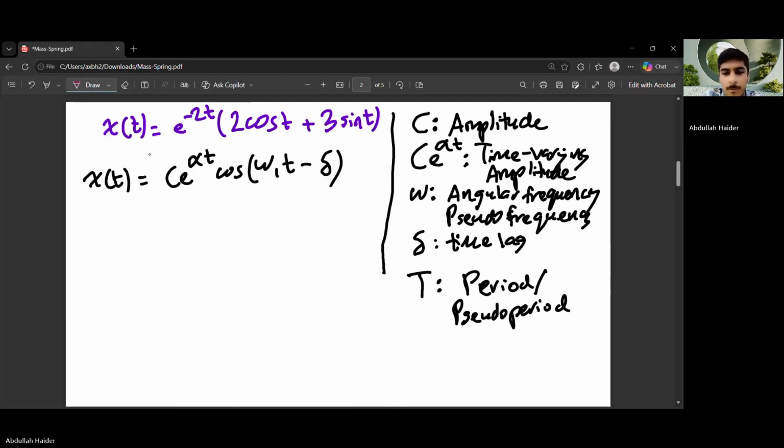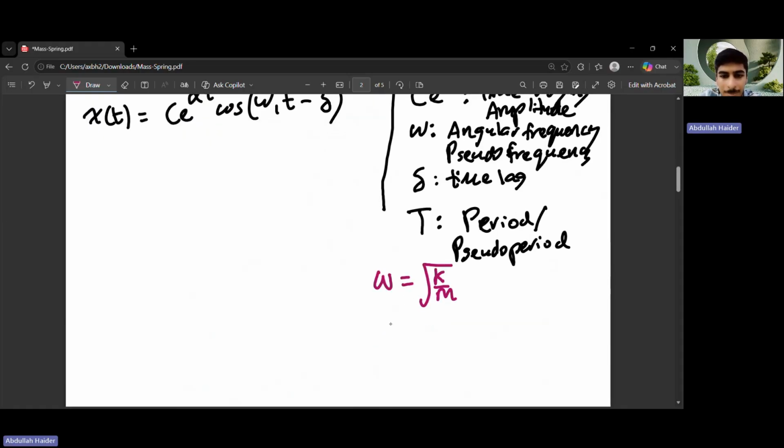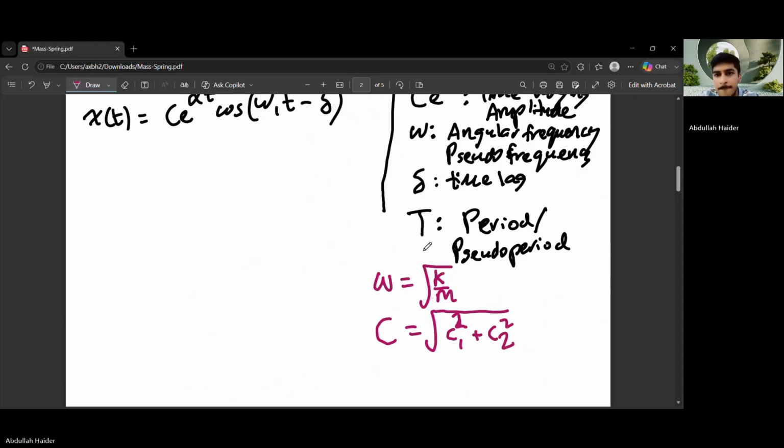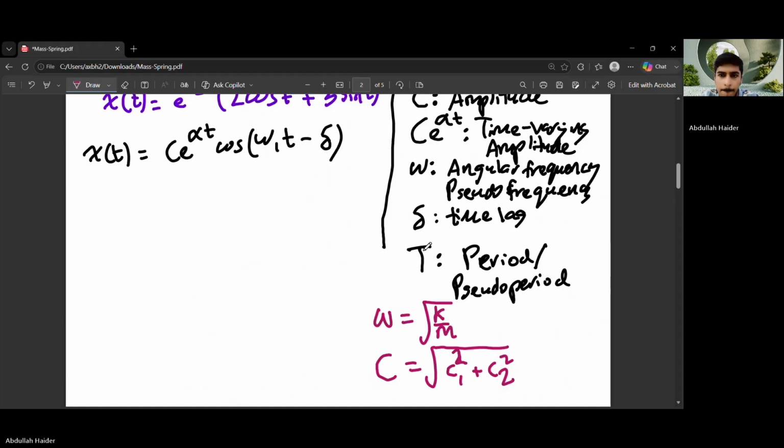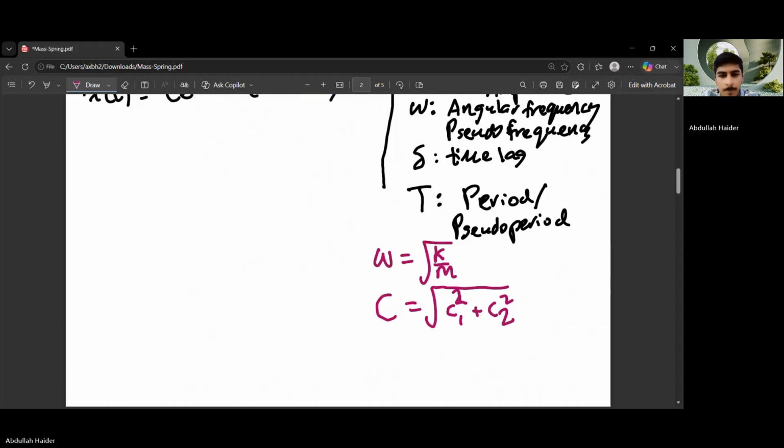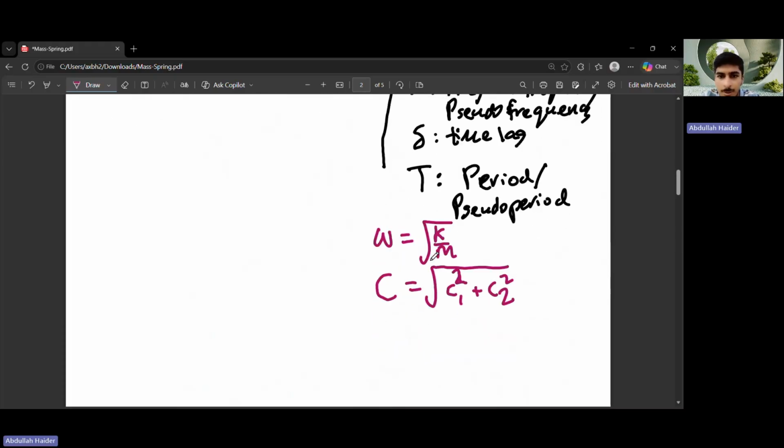Omega is equal to the radical of k over m, and the big amplitude C is equal to the square root of C1 squared plus C2 squared, and what else?